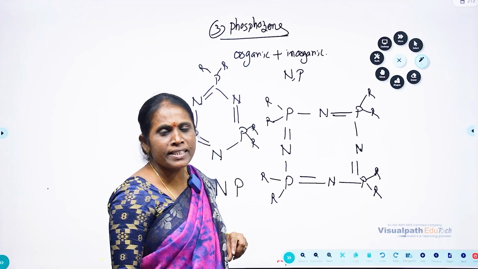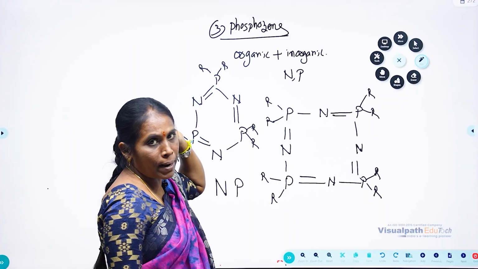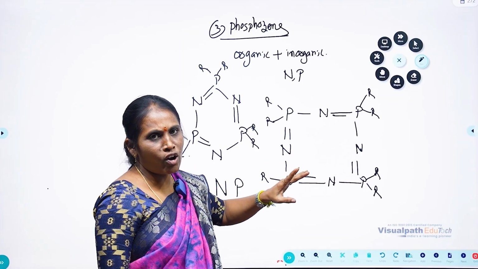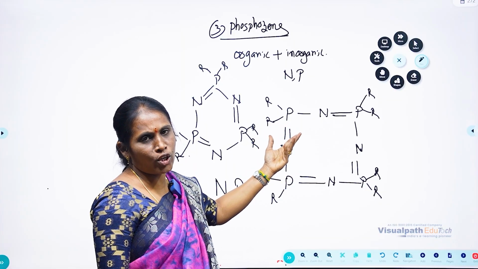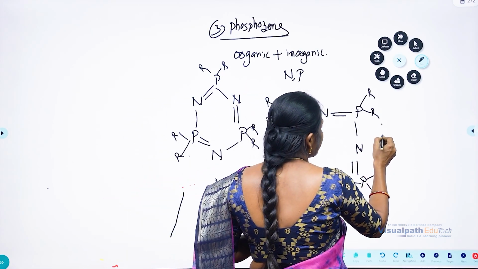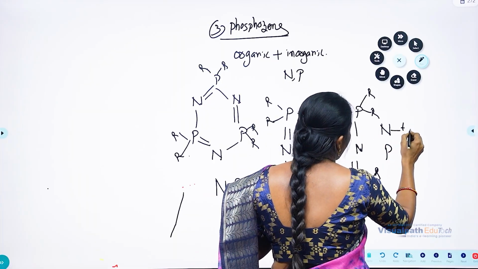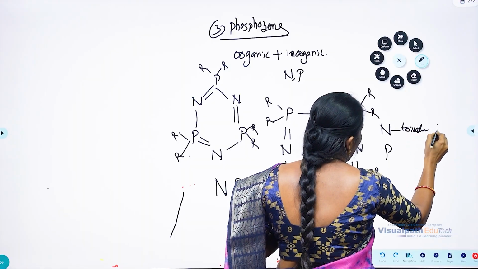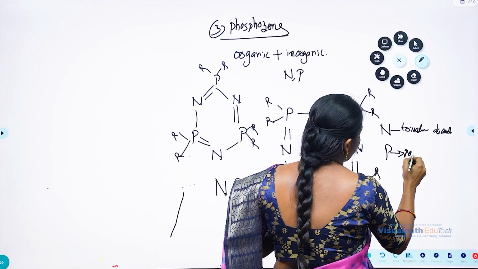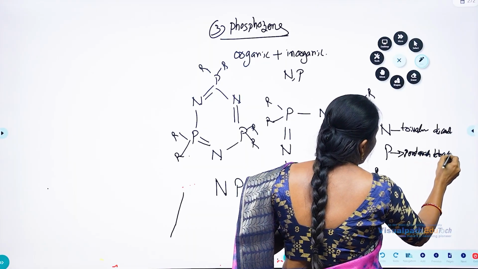Here R means the alkyl group. These alkyl groups are also attached to phosphorus. So we see the inorganic elements nitrogen and phosphorus, and also the organic alkyl groups. So it is known as phosphazene. Nitrogen is trivalent and dicoordinate, and phosphorus is pentavalent and tetracoordinate.